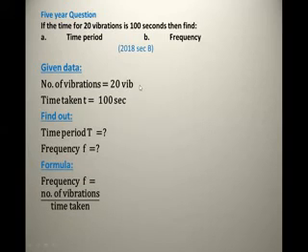Remember, this question is not about simple pendulum, nor about mass spring system. This question is simply about waves. So for all questions which belong to waves, you will use the formula of frequency, number of vibrations over time taken, and for the time period you will use T equals 1 over F.